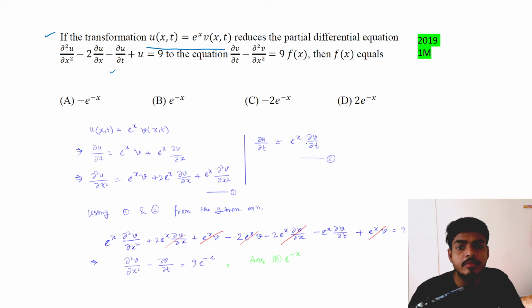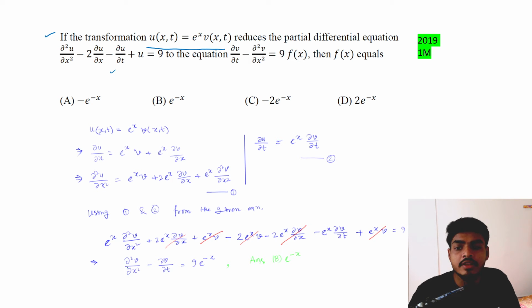Here also the chain rule applies, so we get simply one term because v depends on both x and t. So partial differentiation with respect to t will be there. Your first term will be e to the power x into del v by del t. So this is very easy, right? I have named the equations as 1 and 2. Now you just need to put in these values of d2u by dx2, du by dx, and du by dt.